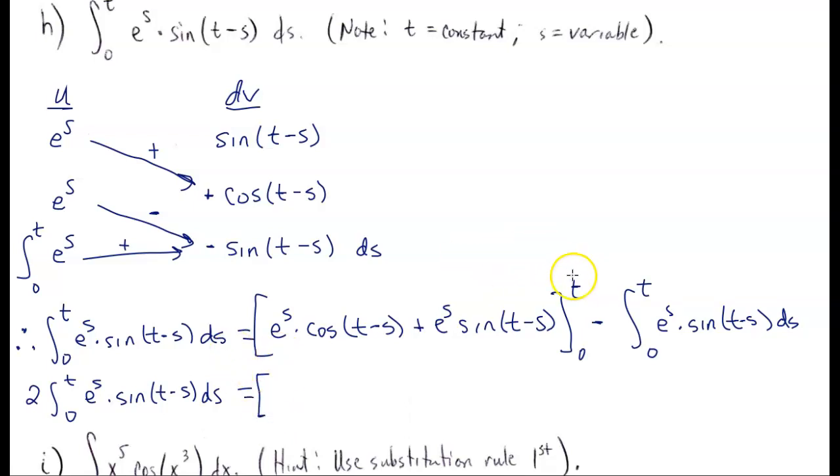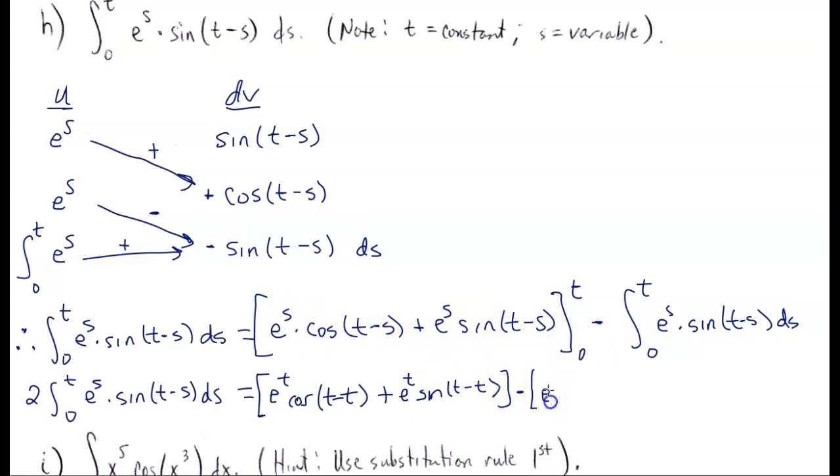And I'm going to plug in t everywhere where I see s. So it's going to be e to the t cosine of t minus t plus e raised to the t sine of t minus t. So these will be the first terms. And now we'll do the same thing again with 0.